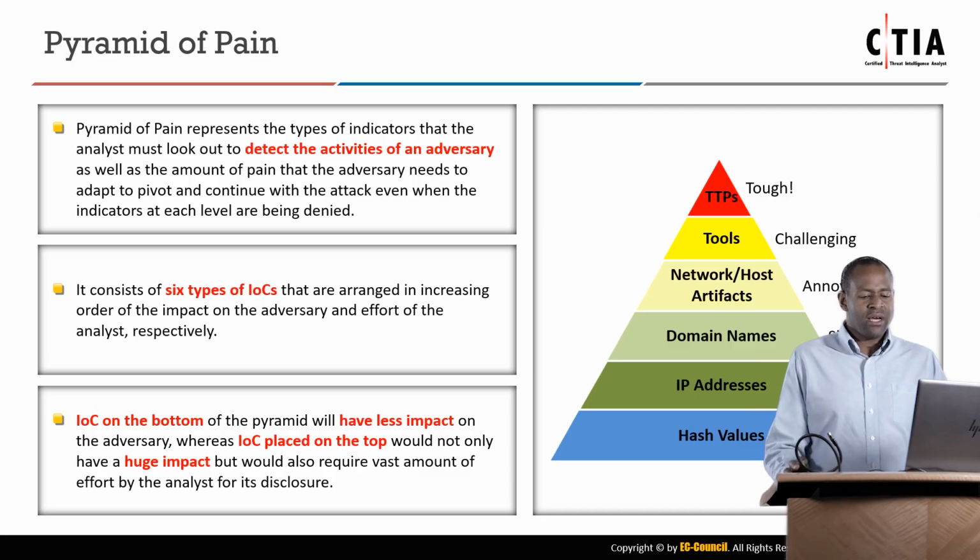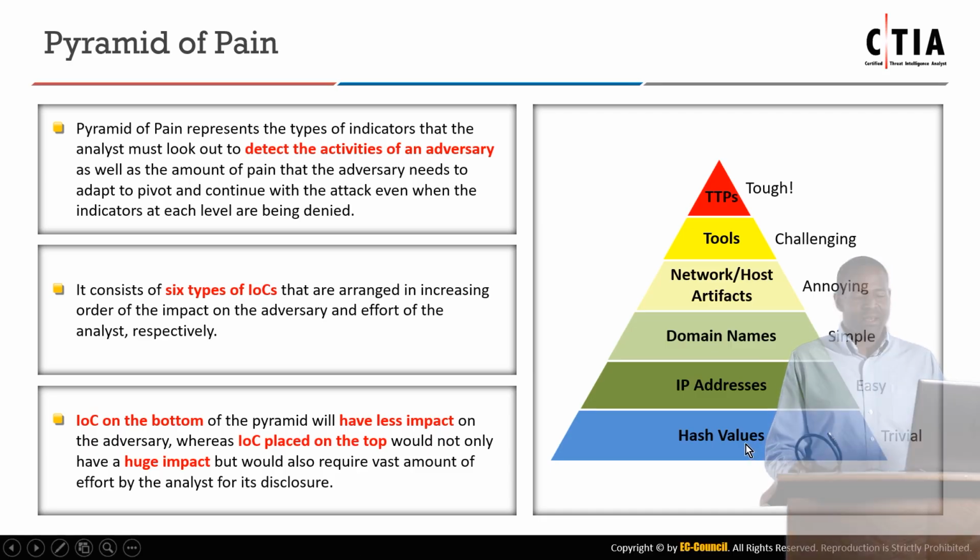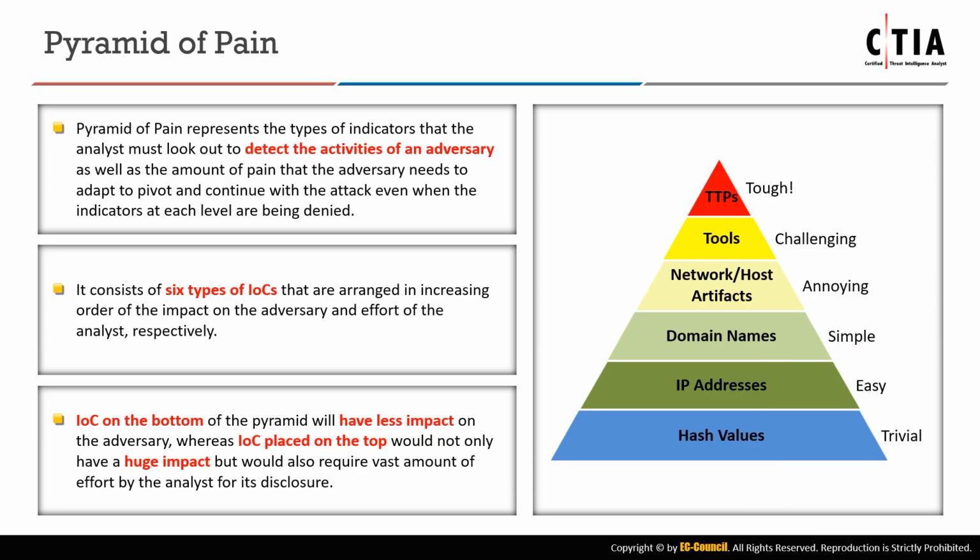For instance, if we go down to the lowest level of the pyramid of pain, hash values, we can very easily look at and compare hash values. If you look at the bottom of the pyramid, it'll have less impact on the adversary if we detect hash values. They can easily change it. We find IP addresses. They could easily change those, right? Domain names. It's simple to change, bob and weave with domain names.